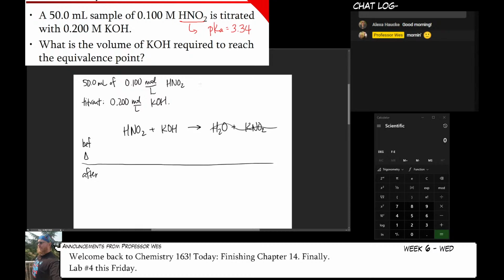So I would say, okay, well, that would be M times V is moles, right? So that would be 0.1 moles per liter of nitrous acid times 50 milliliters.